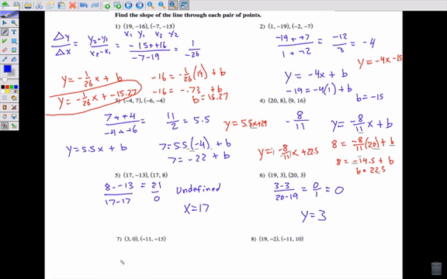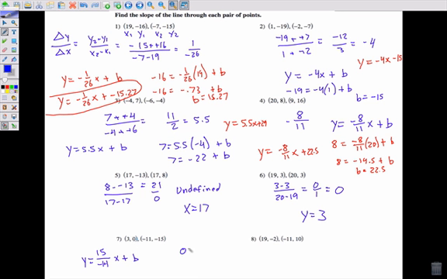All right. Down here at the bottom, we've got a change on the y. We've got a change of 15. And we've got a change from 3 to -11, which looks like -14. So this is now y equals 15 over -14 x plus b. I'm going to plug in this one because it's got a 0, and that's always easy.